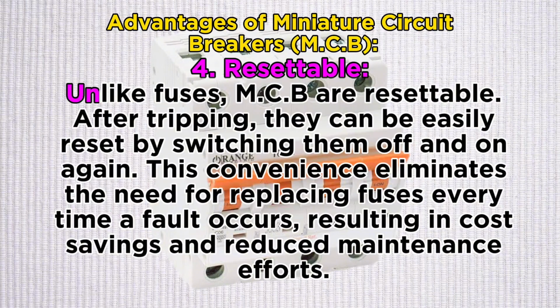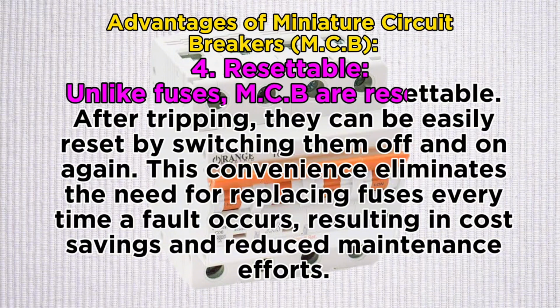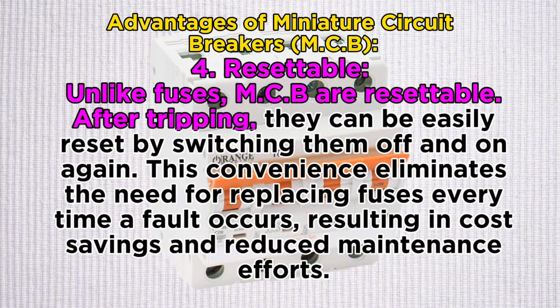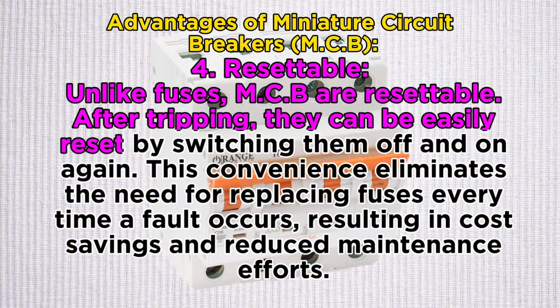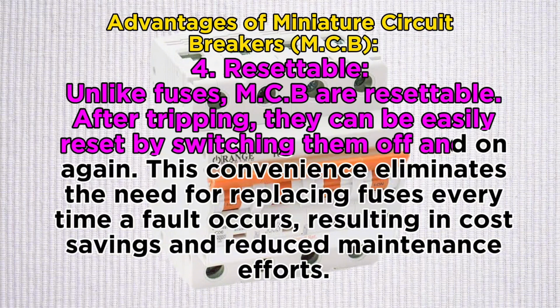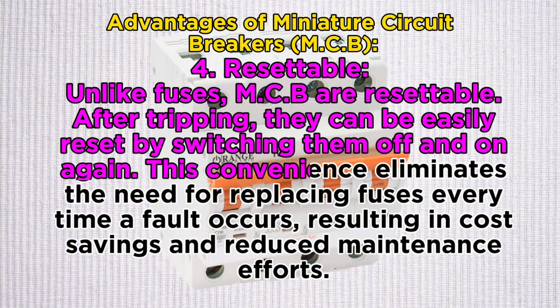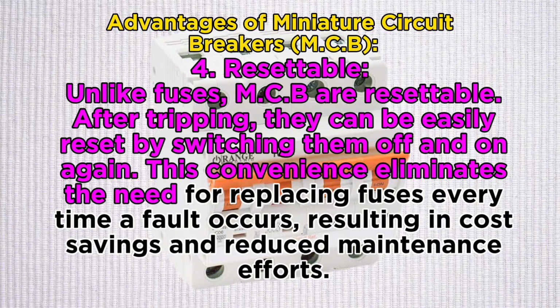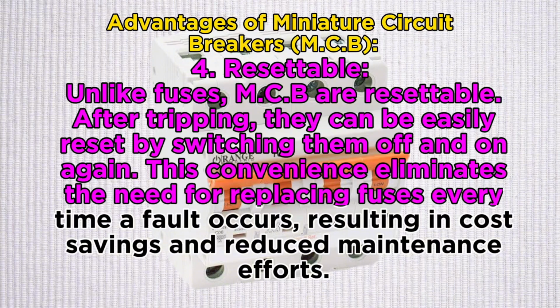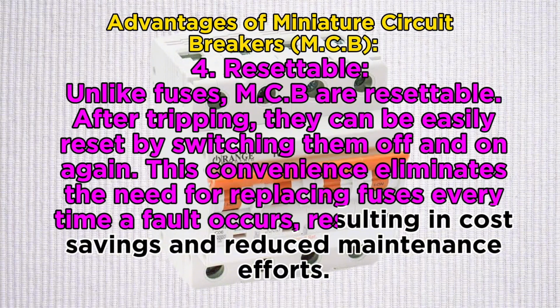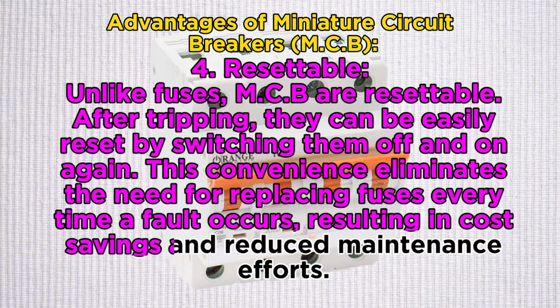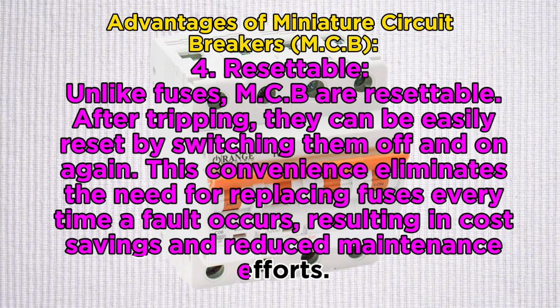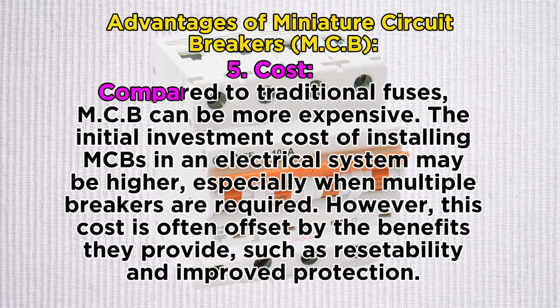4. Resettable. Unlike fuses, MCBs are resettable. After tripping, they can be easily reset by switching them off and on again. This convenience eliminates the need for replacing fuses every time a fault occurs, resulting in cost savings and reduced maintenance efforts. 5. Cost.